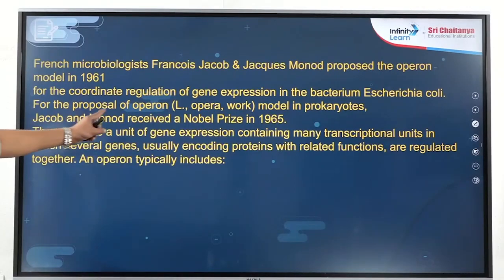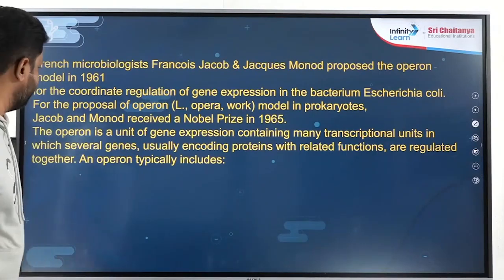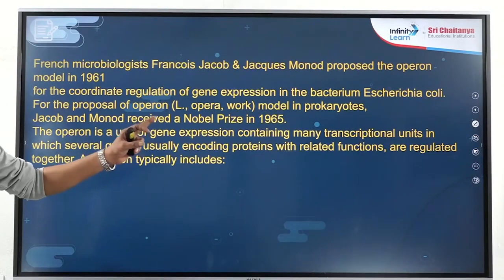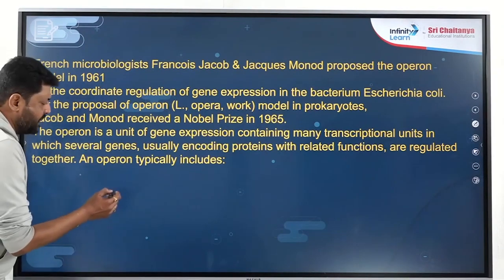For the proposal of the lac operon in prokaryotes, Jacob and Monod received the Nobel Prize in 1965. An operon is a unit of expression containing many transcriptional units which serve several genes, usually encoding proteins related to their functions.